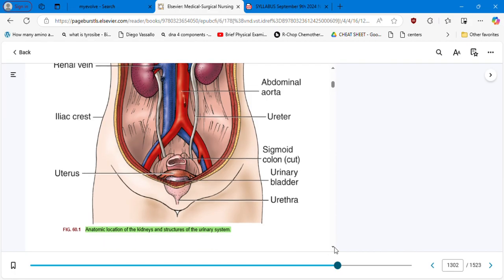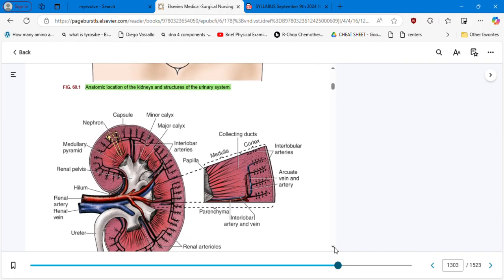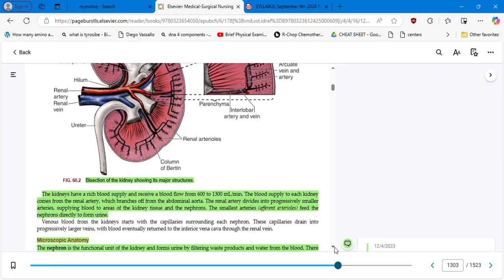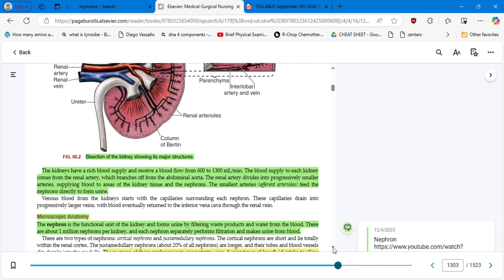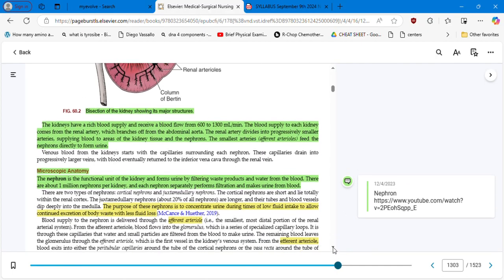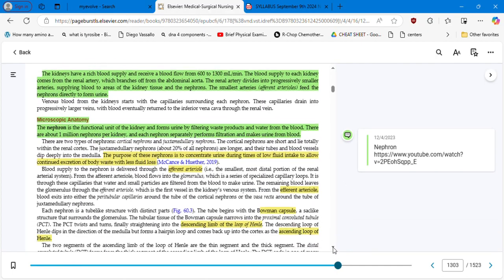So double check that. Then we have here the bisection of the kidney showing its major structures that we already covered in the video, like the hilum, the renal pelvis, the medulla, okay, and also the microscopic anatomy.